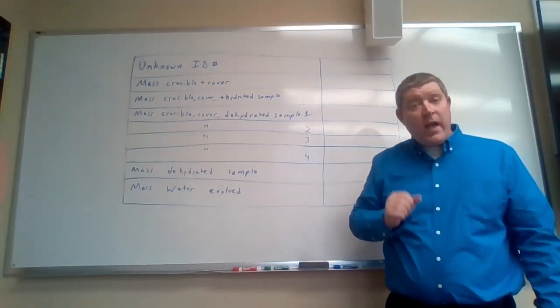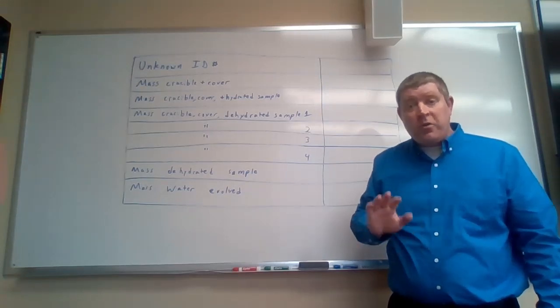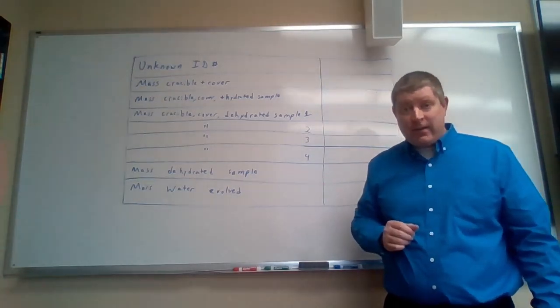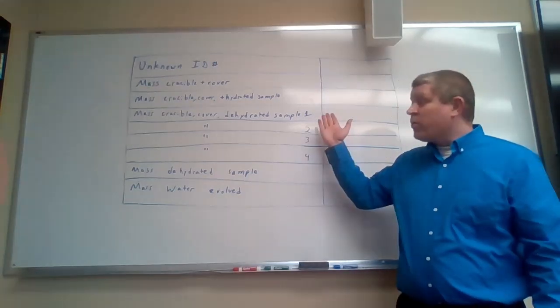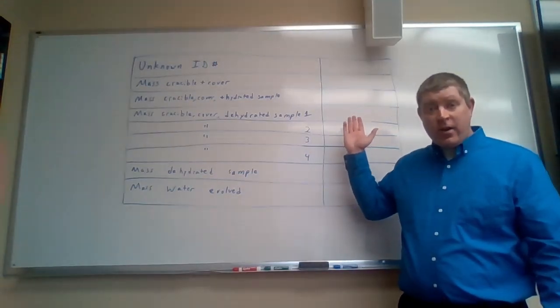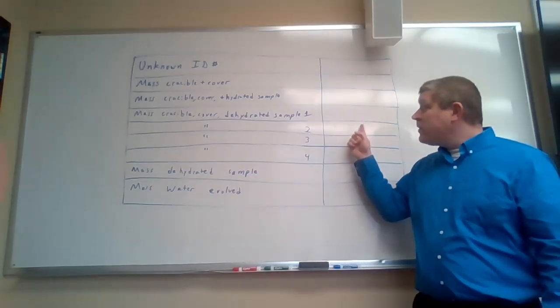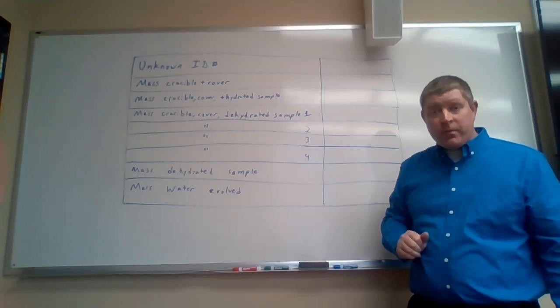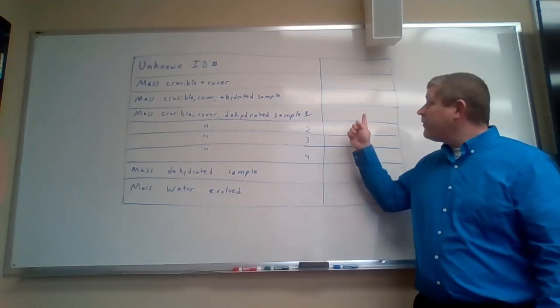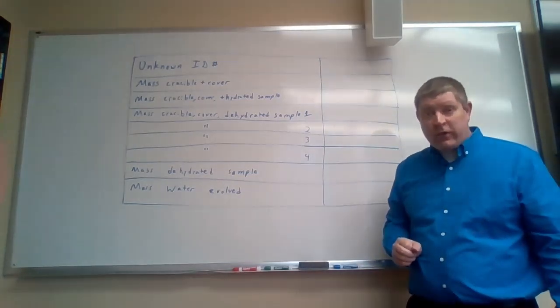But you don't know, have you driven out all of the water? So you need to go back and heat again. Then you'll allow the crucible to cool again and get another weighing. And if those 2 masses agree with one another, if they're close enough together, then you can say that yes, we drove out all the water that first time.